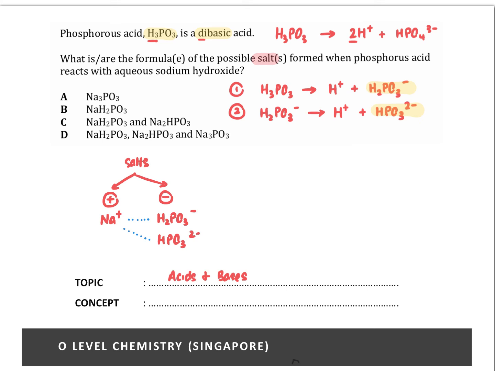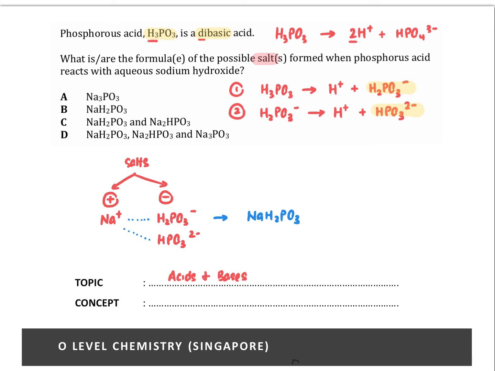So how do we find the formula of the salt? We need to revise our writing of chemical formula. When we look at the first pair, when you combine Na+ with H2PO3-, do the charges cancel out? The answer is yes. So the salt that is formed is just NaH2PO3. In the second case, when Na+ combines with HPO3 2-, you find that the charges do not cancel out.